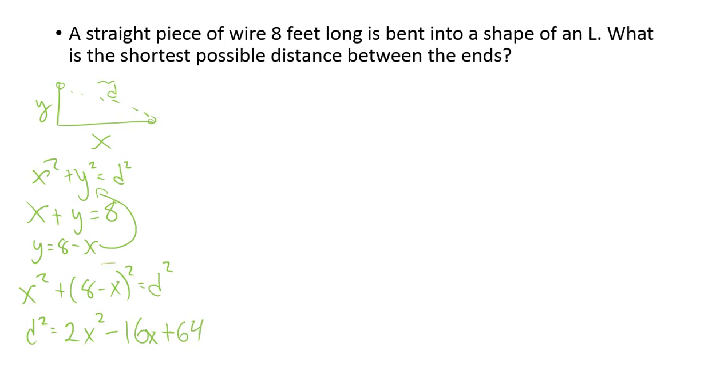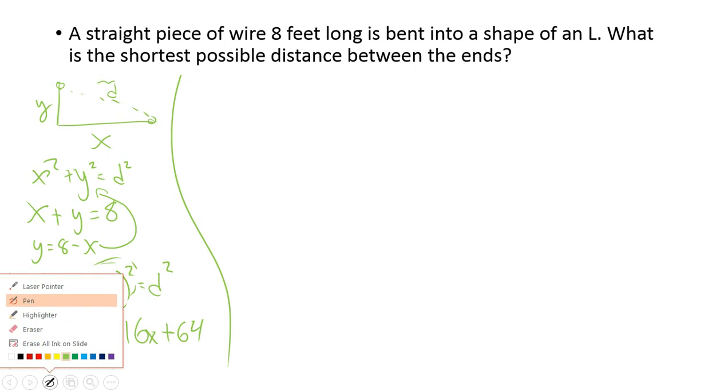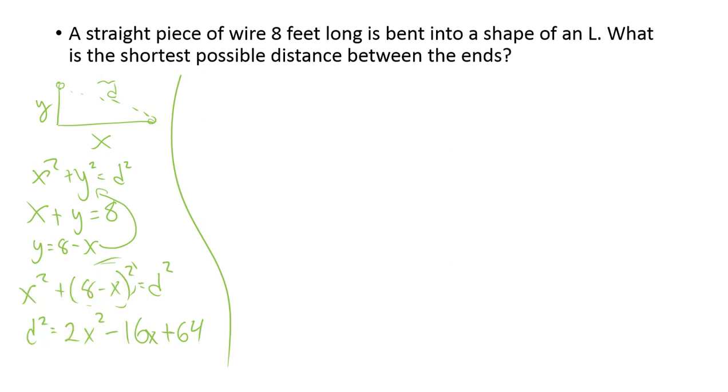That's after distributing and simplifying: 8 times 8 is 64, 8 times x is negative 8x, 8 times negative x is negative 8x, negative x times negative x is x squared, and then you add the x squared.